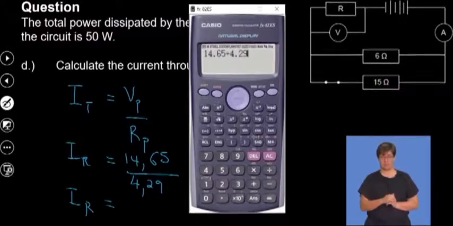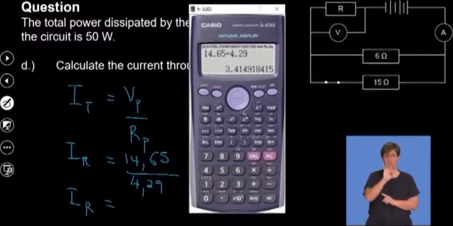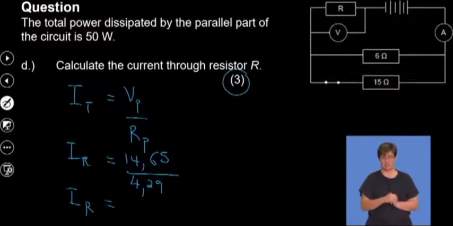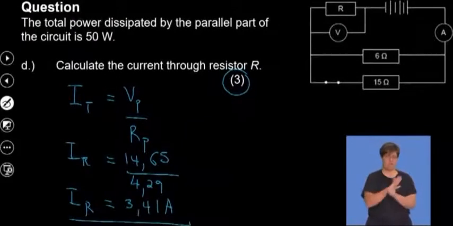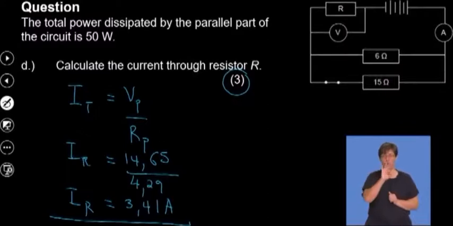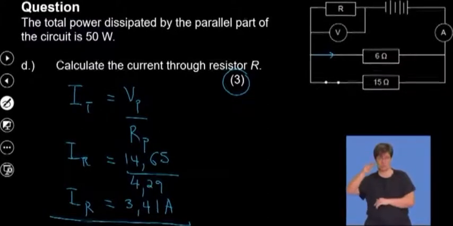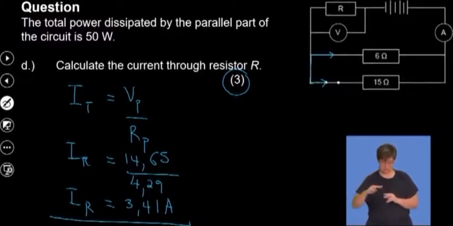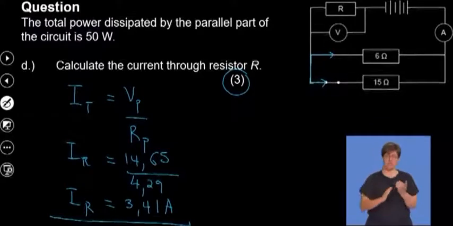It will give us the magnitude of the total current in the circuit, which is 3.41 amperes. This is the total current, and this 3.41 amperes is split between the 6 ohms and the 15 ohms. But it's all the current that goes through resistor R. So it's very important for us to take note of that.